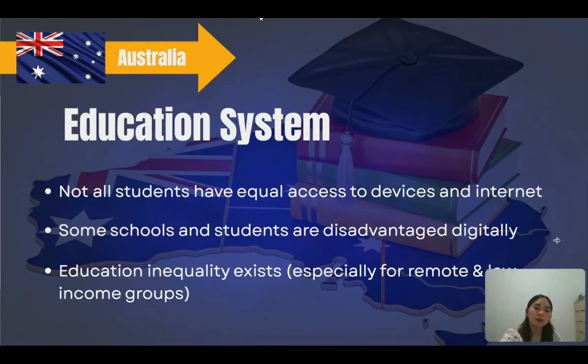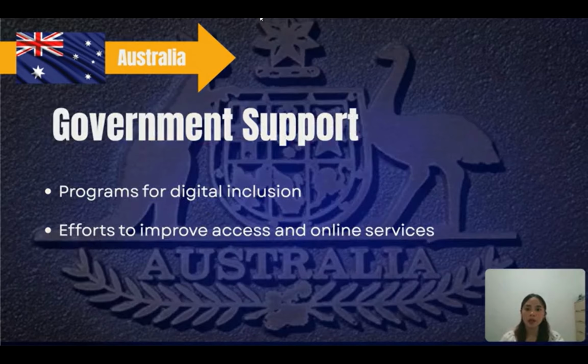Now, moving on to their government support. So finally, look at how their government works. Australia is a leader of digital government. They've moved almost everything: healthcare, taxes, social services, to online only platforms.